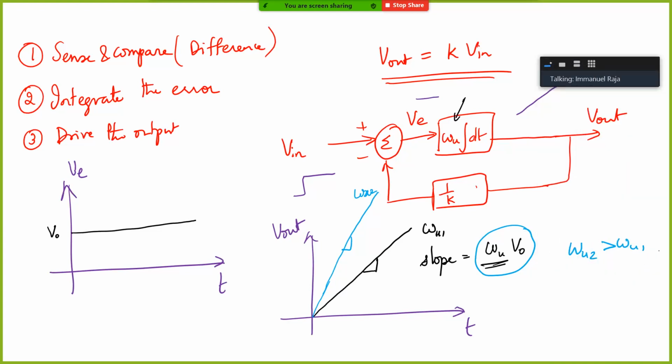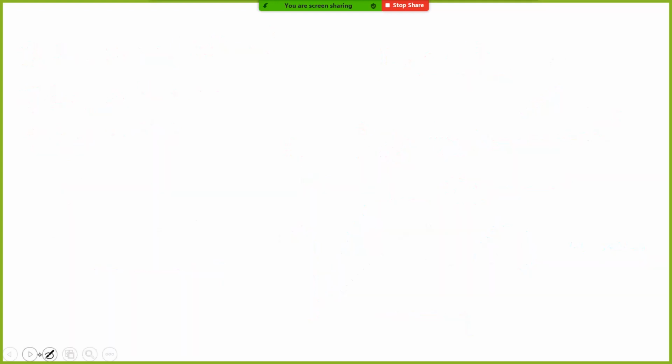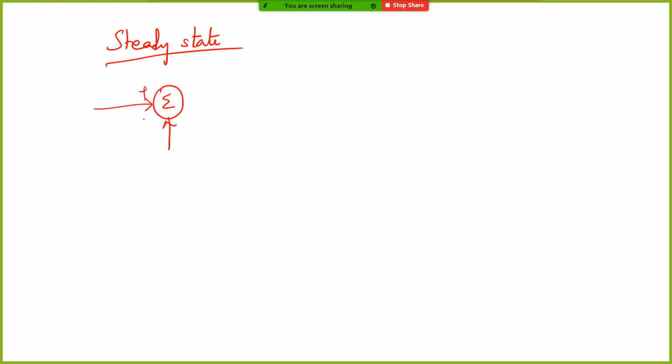Okay. All right. So now what happens in the steady state? Let's look at this steady state. What is steady state? That is, it has finished its transient response, right?